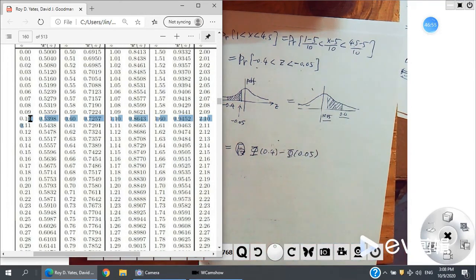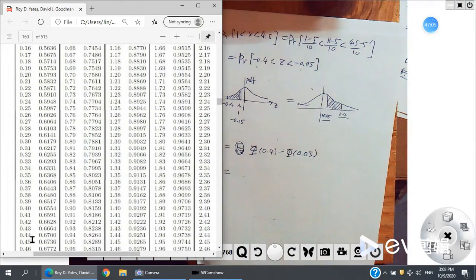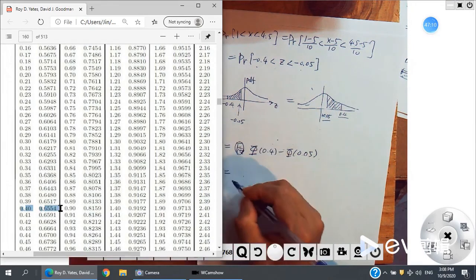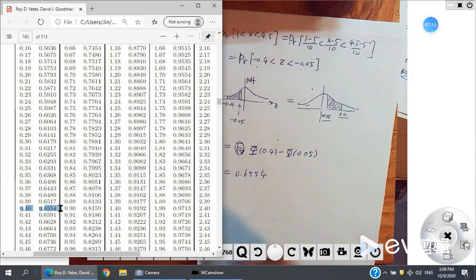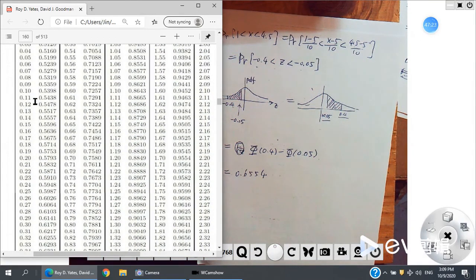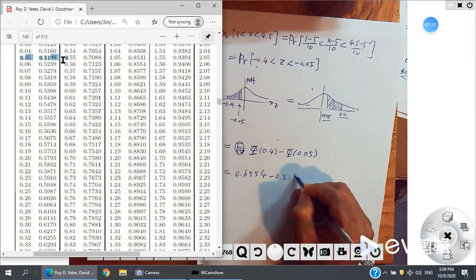Right? Okay, then we check the table. 0.04 is here, 0.6554. And another is 0.05, which is here, 0.5199, minus 0.5199.